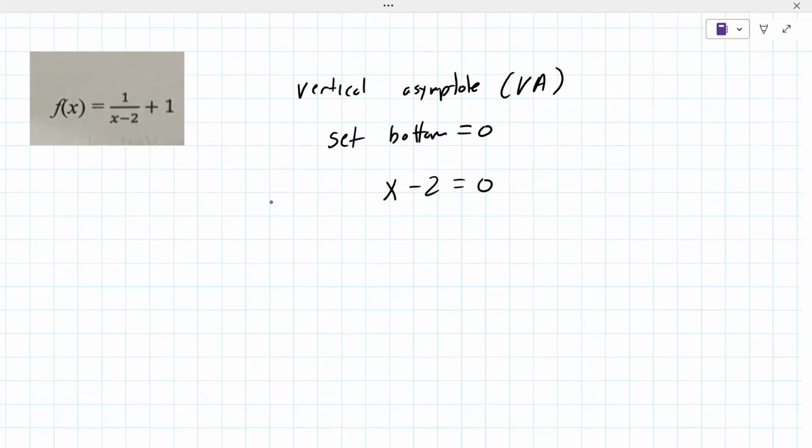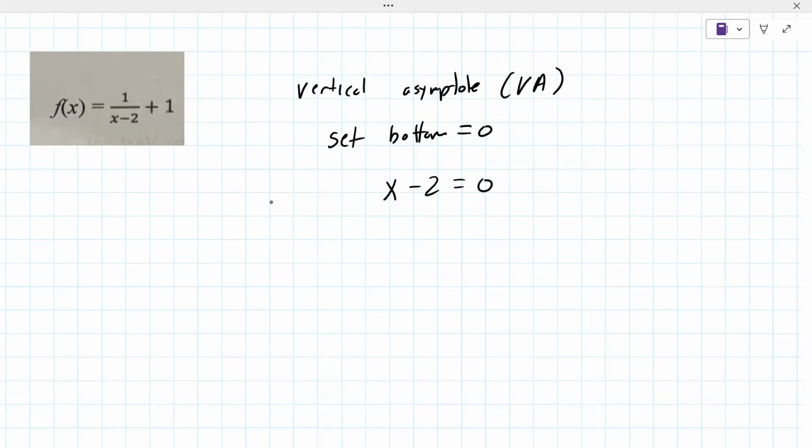Okay, so what you do is x minus 2. Can you help me out on this?